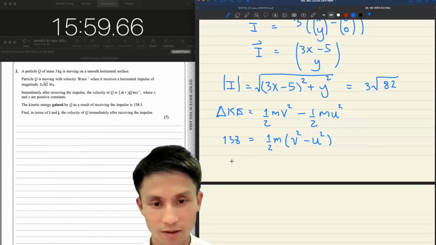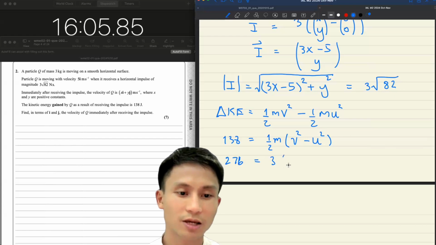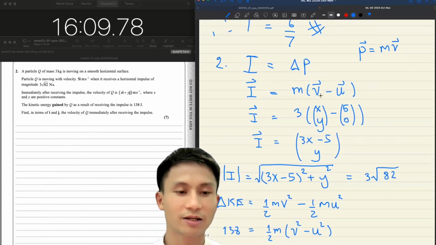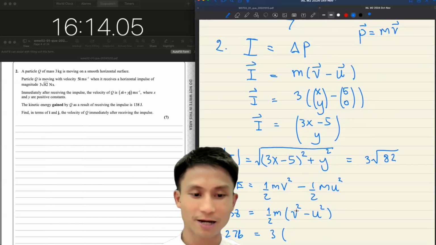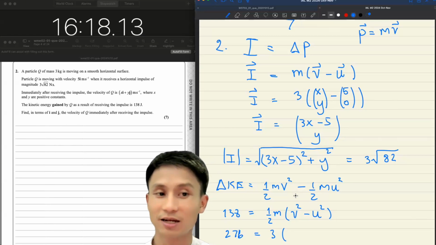So undoing the 1/2 there, I get 276 here, and then m is 3. So v squared, what is v? V is x and y, right? So if we do the square there, this is the magnitude squared. So it's just like doing Pythagoras again.